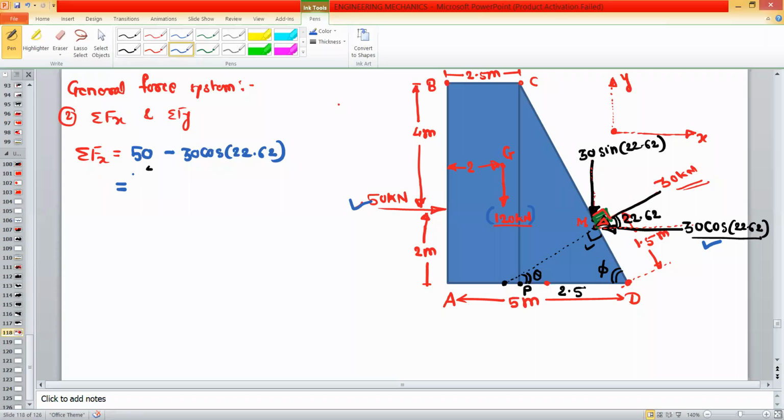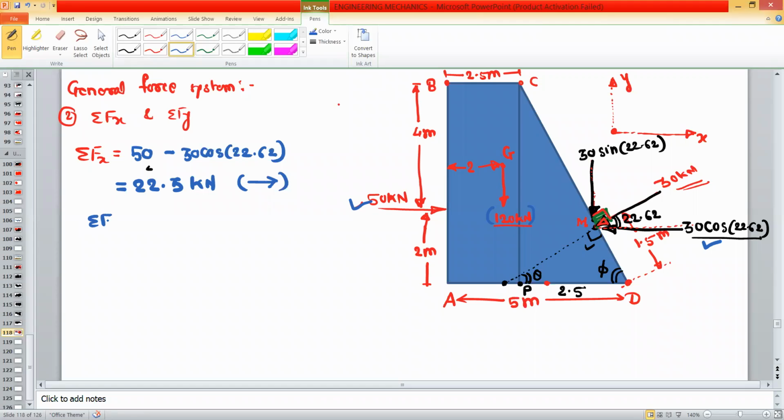So we will get the summation Fx value. So this is equal to 22.30. Unit is kilonewton. And as the answer is positive for summation Fx, that means your summation Fx value will act in the positive X direction.